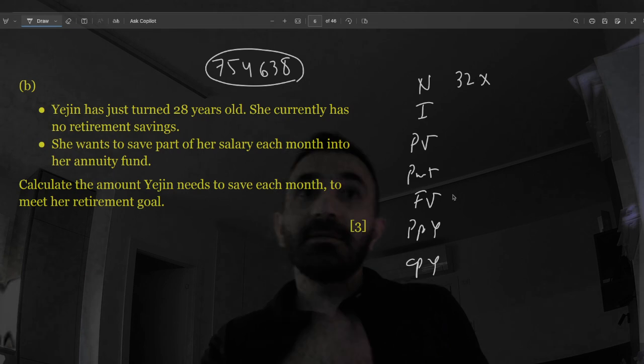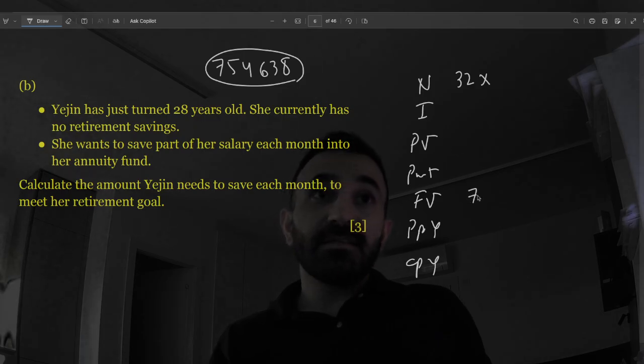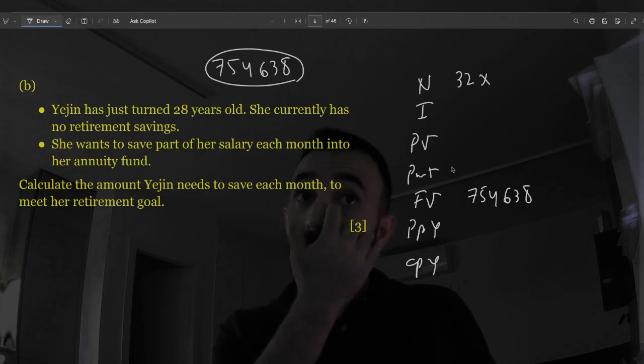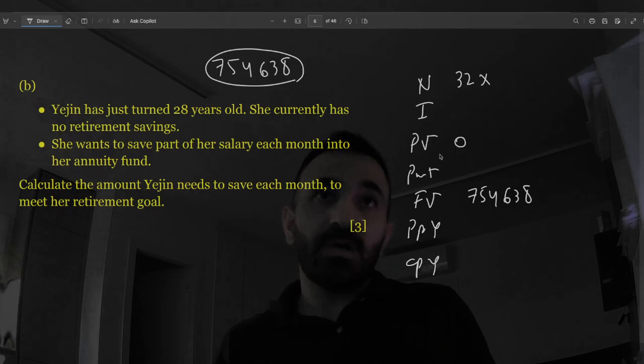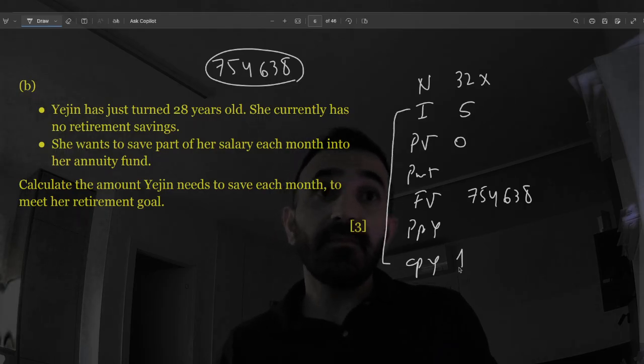So future value is 754,638. This is my future value. Now what is the present value? At the beginning, 0. I don't have any money in my savings account. What is I? 5%, 5% interest compounded annually.